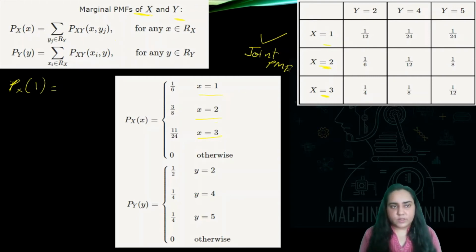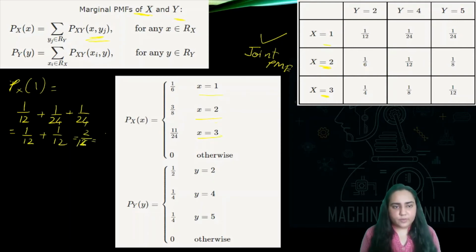That's what the formula says: you keep the same value of x, but change the values of y and add all of them. So you add 1 by 12 plus 1 by 24 plus 1 by 24. That makes 1 by 12 plus 2 by 24, which is actually 1 by 12. So 2 by 12, which is actually 1 by 6. That's how this 1 by 6 came here.